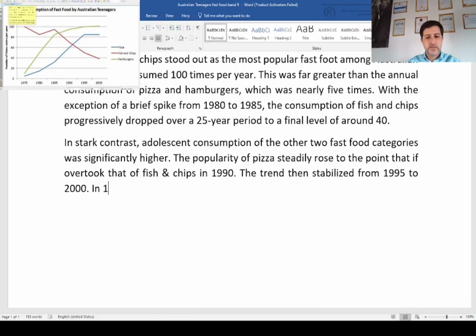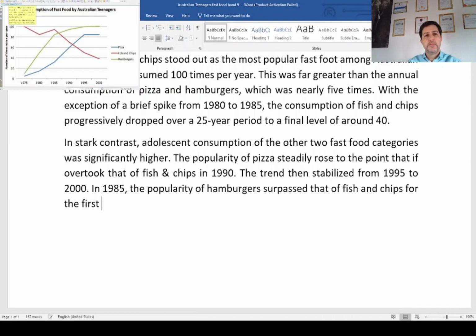In 1985, the popularity of hamburgers surpassed that of fish and chips for the first time since the 1970s and 1980s.